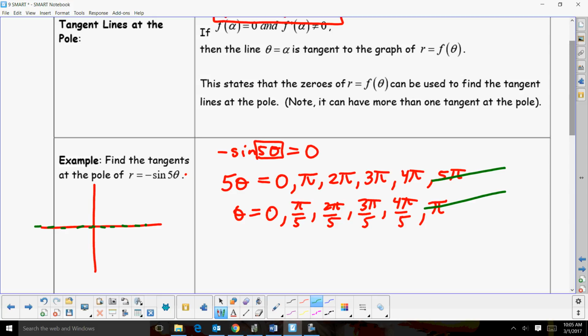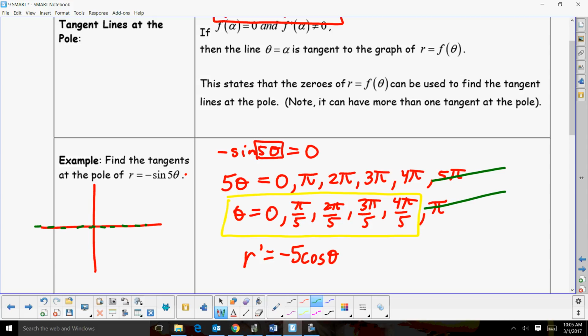So these are tangents at the pole as long as r prime doesn't equal 0 there. So what's r prime? Take that derivative. Negative 5 cosine.